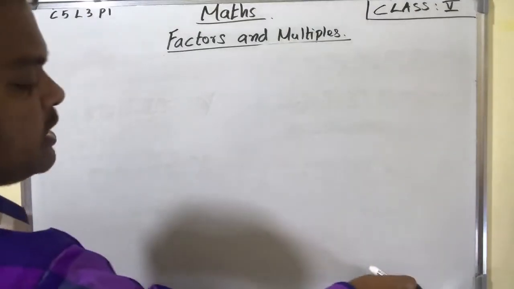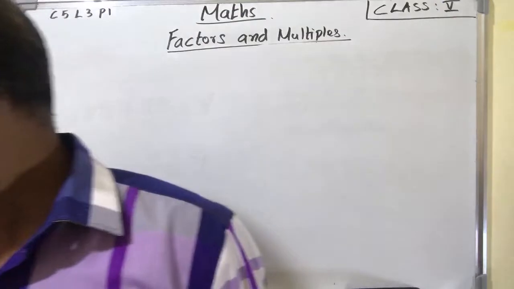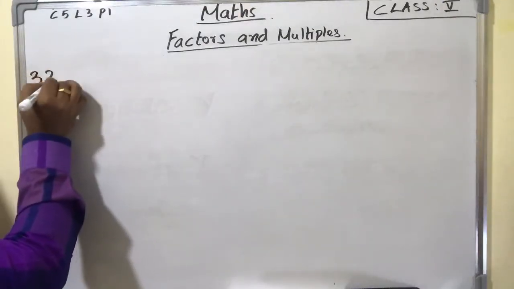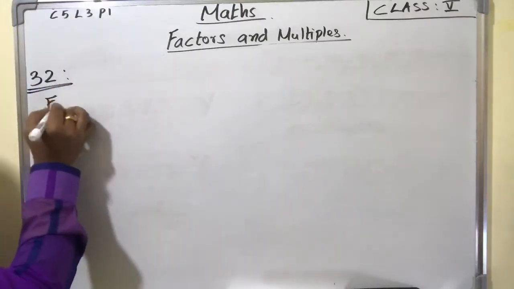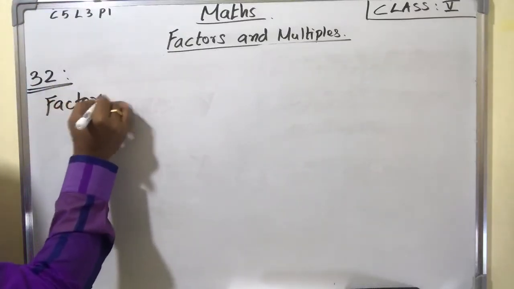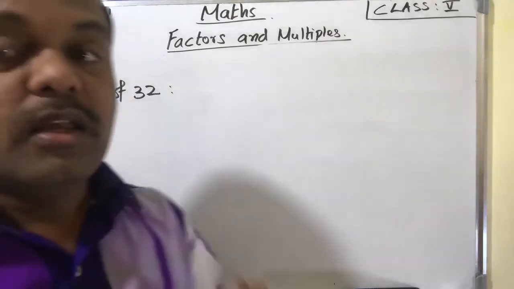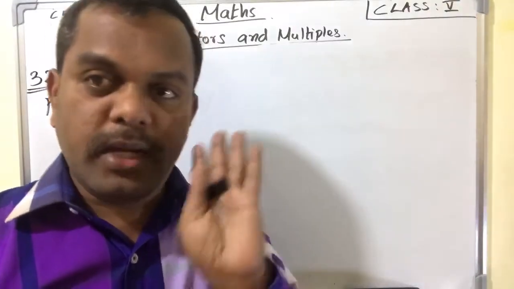If you didn't understand factors before, now you can understand factors of the following numbers. 32. Now I am going to write all factors of 32. What is a factor? A number that divides a number without leaving any remainder.